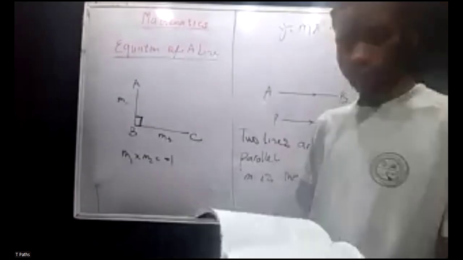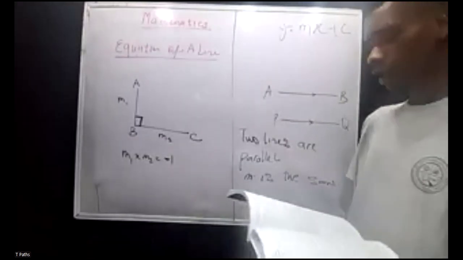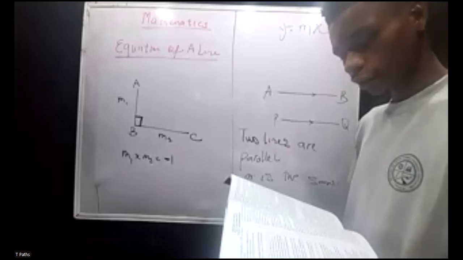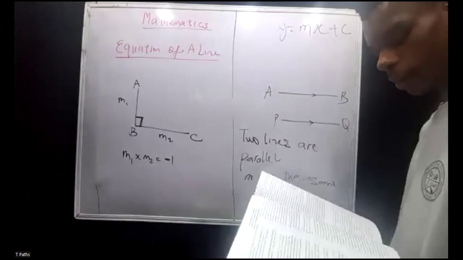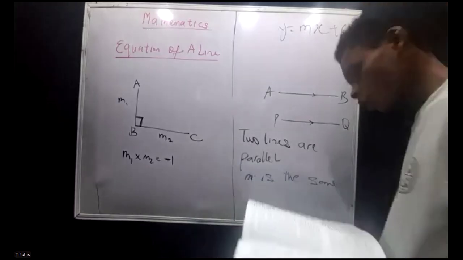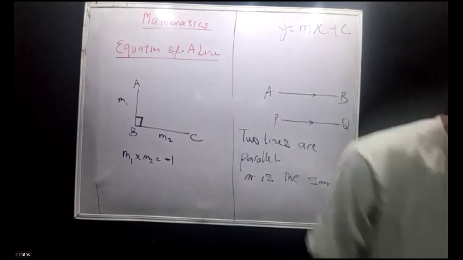All right, the question says, find the slope of the line perpendicular to the line y is equal to 1 over 3x minus 7.